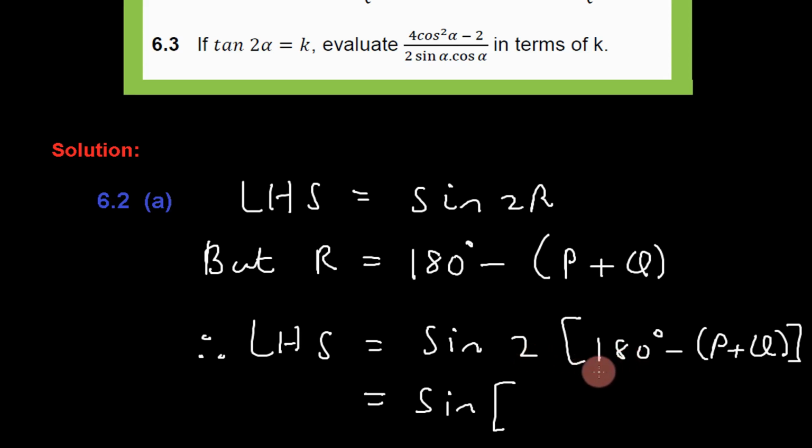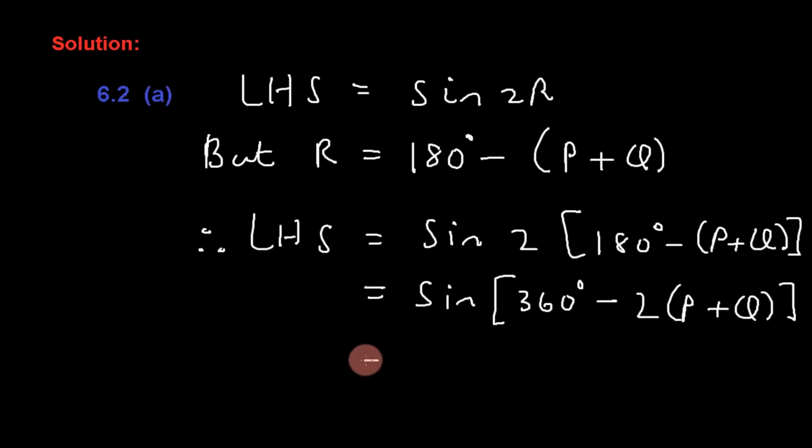So it's 2 times 180 minus 2 times the round brackets. Now we can use quadrant rules. We know that 360 minus theta.